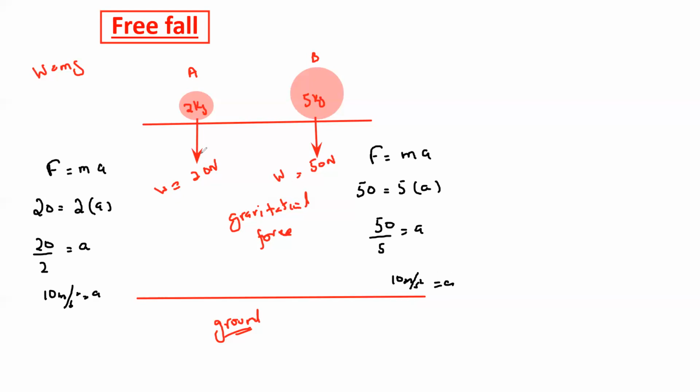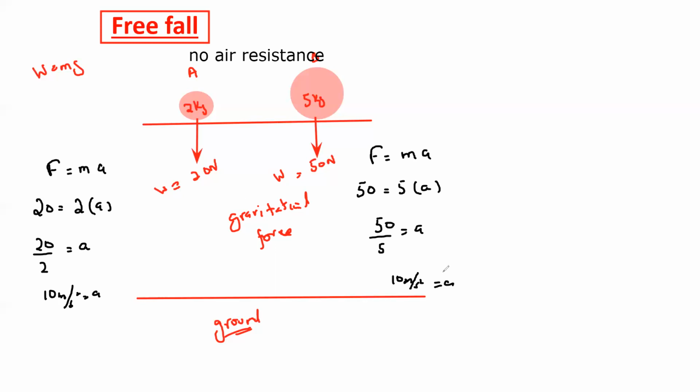So whenever objects are falling in the absence of air resistance, our assumption for this motion is that there is no air resistance, like there is no air to stop the moving object, or slow it down, or reduce the acceleration.